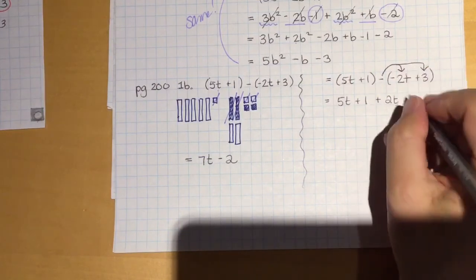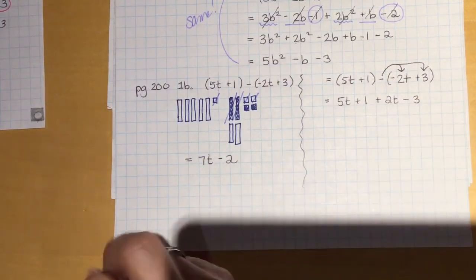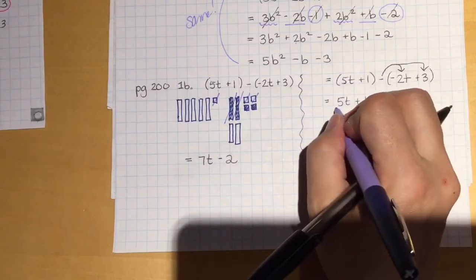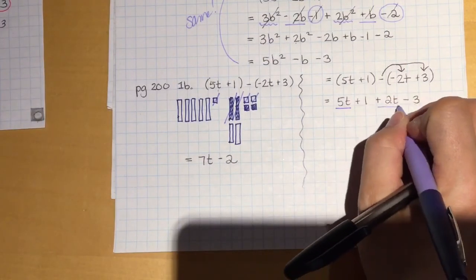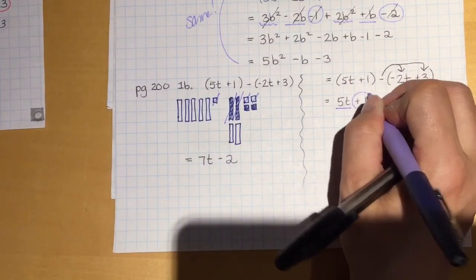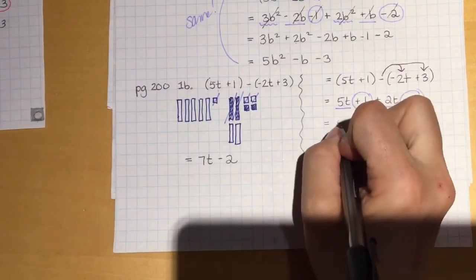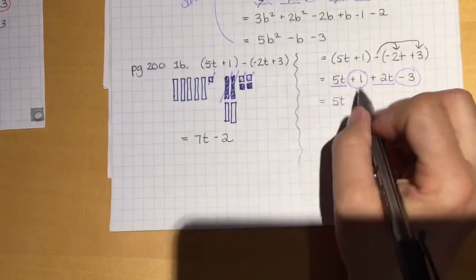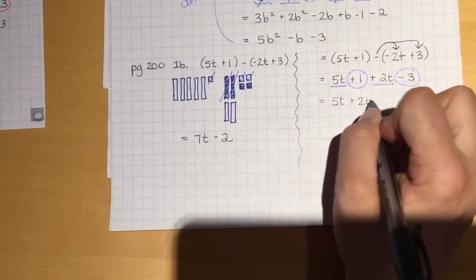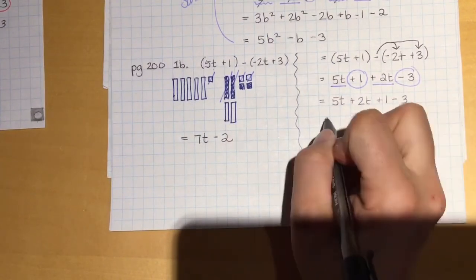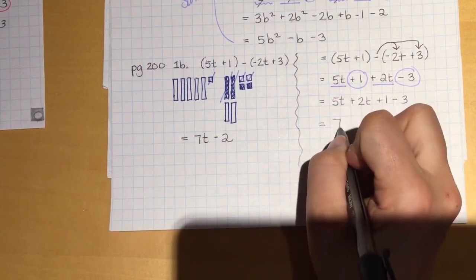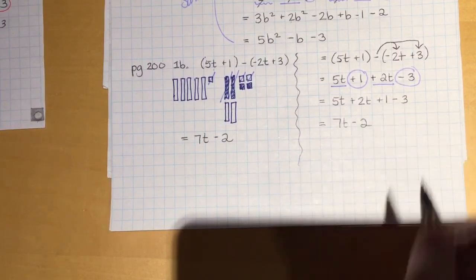Negative times a positive is negative 3. Collect my like terms. So I have plus 5t and plus 2t, and then plus 1 and minus 3. So 5t plus 2t plus 1 minus 3 gives us 7t minus 2.